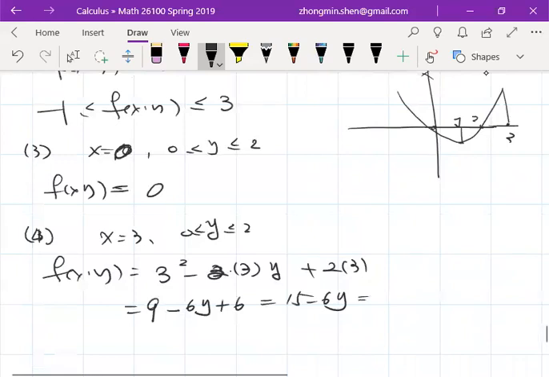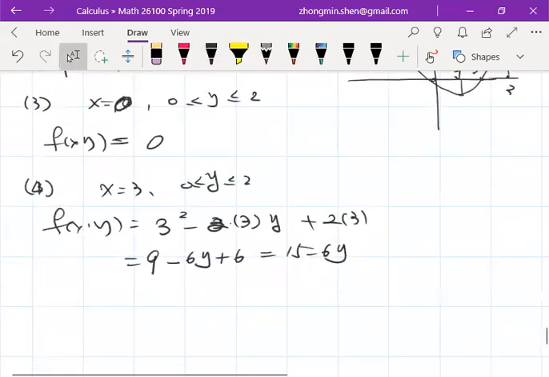I have to look at the largest possible value and the smallest possible value. So I think it's clear that it's a linear function. When y equals 2, that's the smallest value, 15 minus 12. When y equals 0, it's 15.